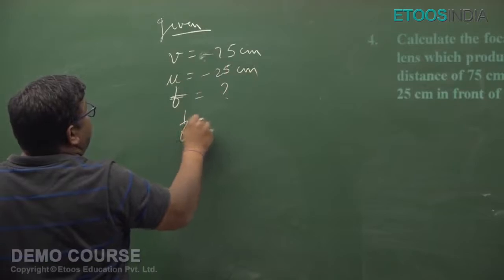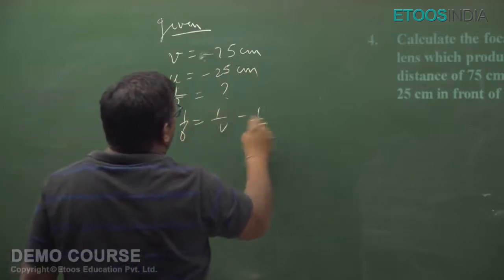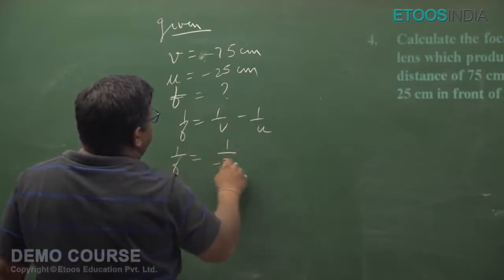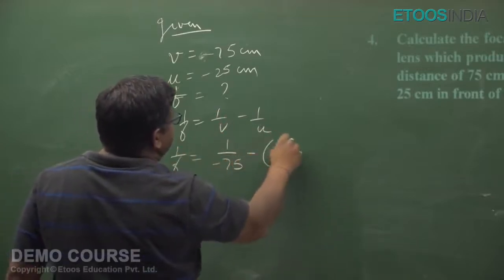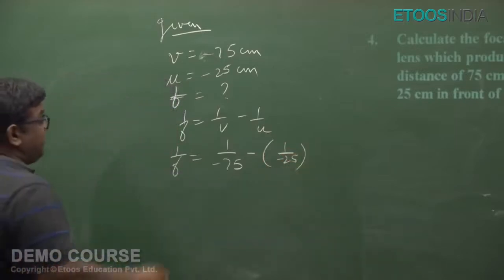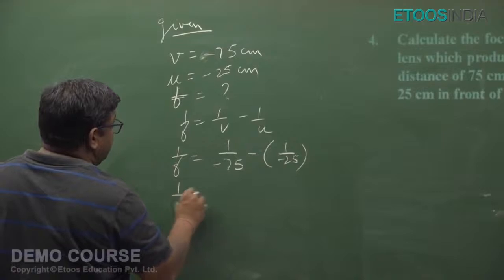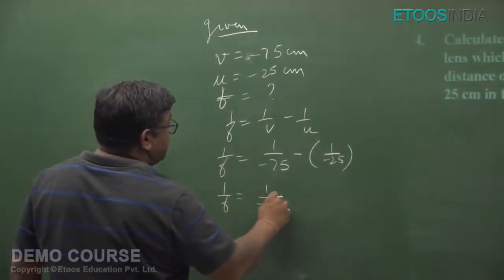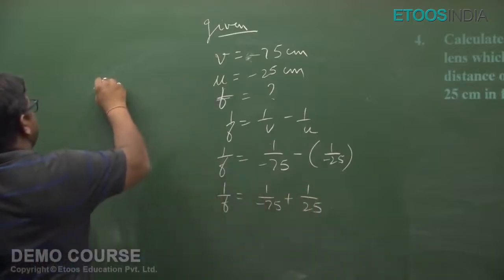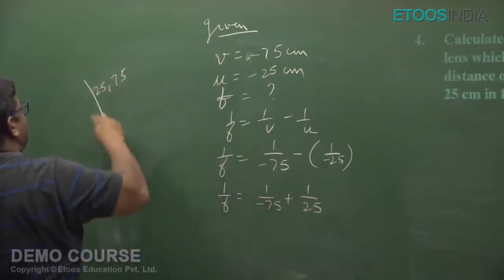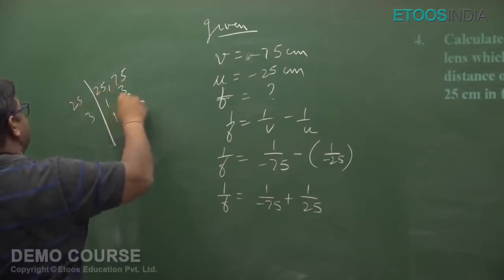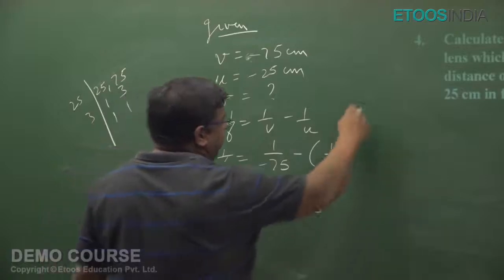So 1 upon F is equal to 1 upon V minus 1 upon U. So 1 upon F is equal to 1 upon minus 75 minus minus 25. Is it clear? I'll put the values here. The LCM is 75.